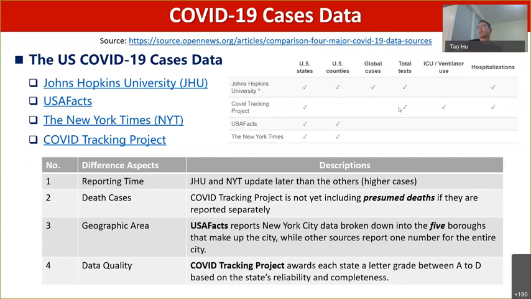However, it has the total test numbers. It has ICU, ventilator use, and hospitalization numbers. Another difference is their quality. The COVID Tracking Project awards each state a letter grade between A and D based on the state's reliability and confidence. This is totally different from the other three data sets.